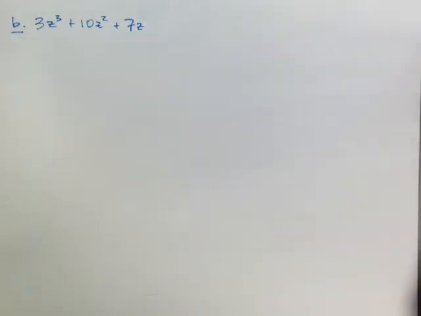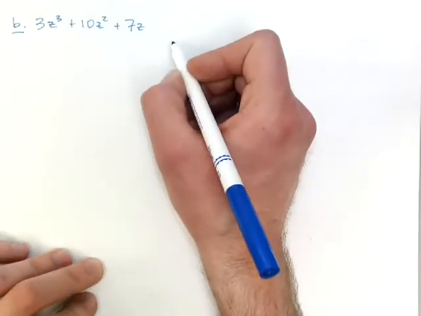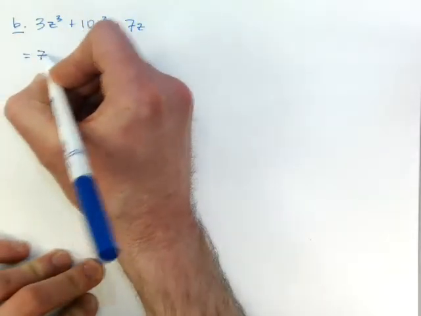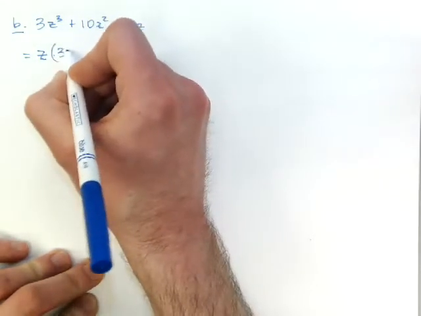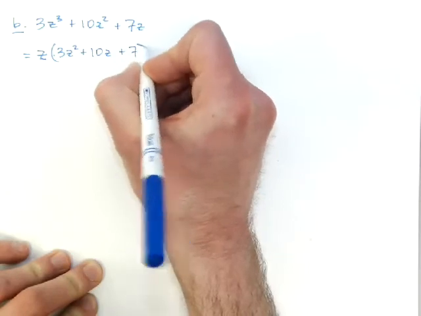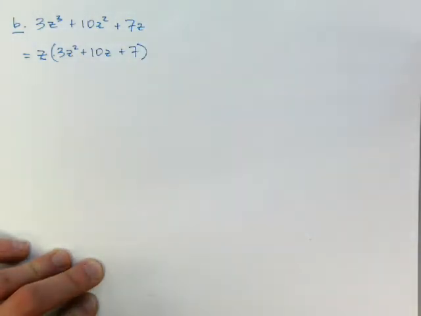What do you notice about this trinomial here? Maybe that there's a common factor of z in all the terms. So I'm going to take a z out first and get 3z squared plus 10z plus 7. So that simplifies it a little.